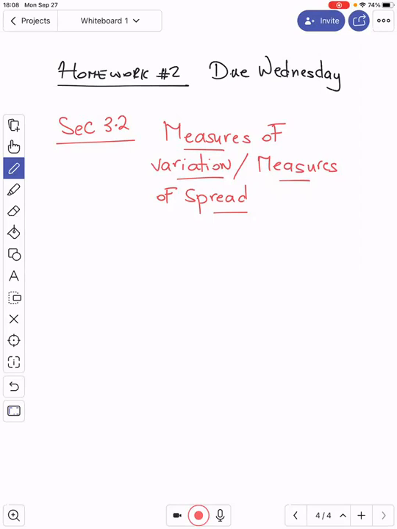Okay, so let me just write down what I just said. Measures of spread, or measures of variation.